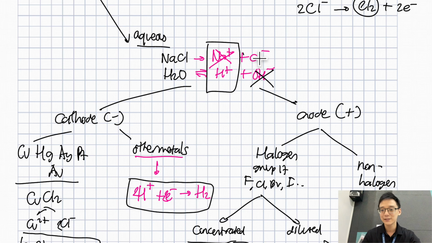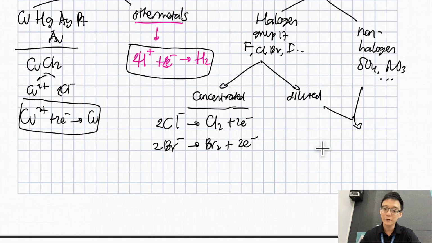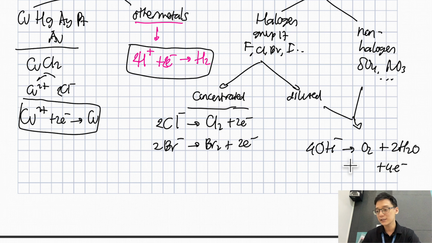But if it is SO4, for example, SO4 cannot beat OH, so SO4 will lose. Then OH will be the one here. It will release oxygen gas and water molecule by releasing 4 electrons. If you don't understand this, you can memorize this, but it's not really advisable. It will release oxygen gas.